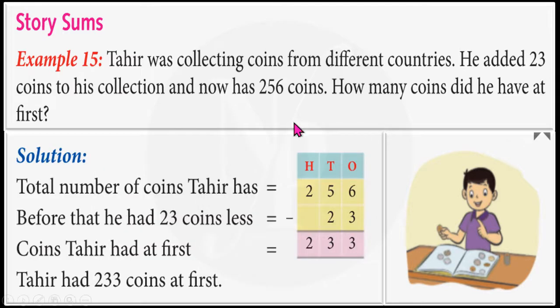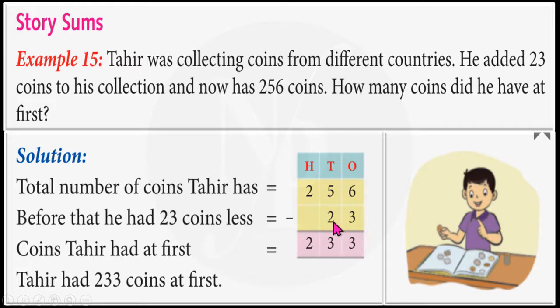Solution. Total number of coins Tahir has is equal to 256. Before that he had 23 coins less. So we subtract 23 from 256. On subtracting, coins Tahir had at first is equal to 233.